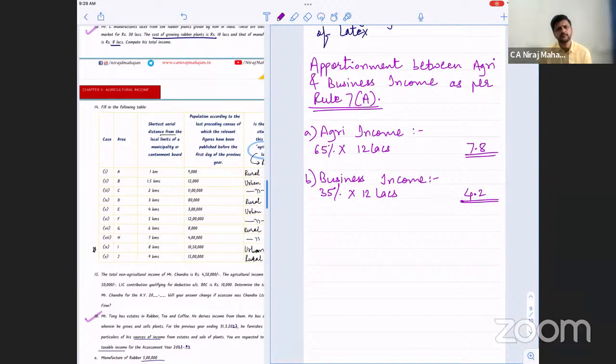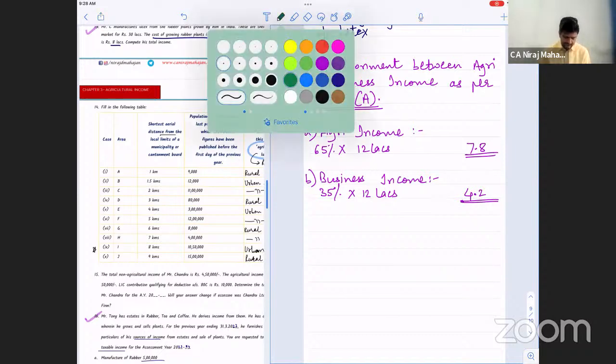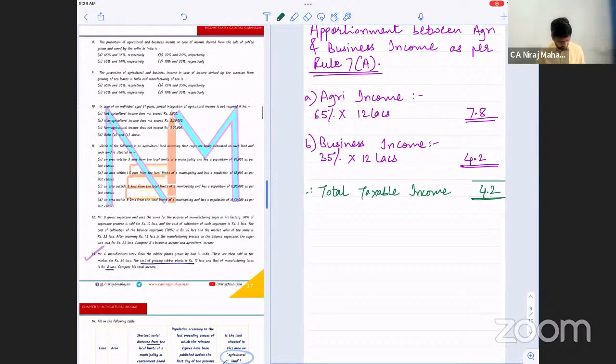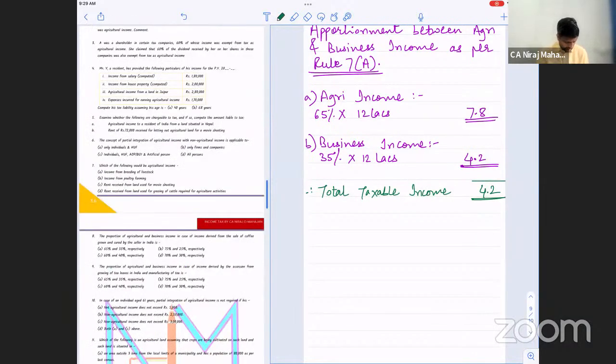So what will be the total taxable income? 4.2 lakhs, because that is the only taxable part. Agri is exempt. Yes, everybody? Done?